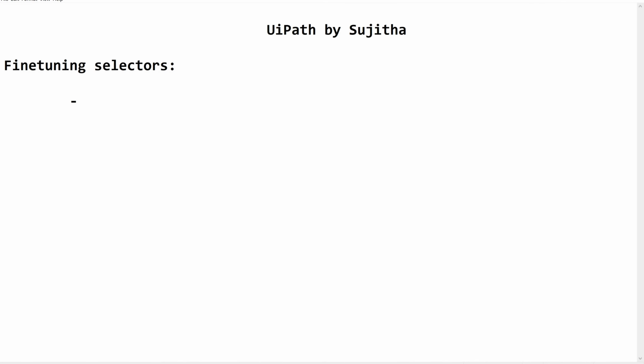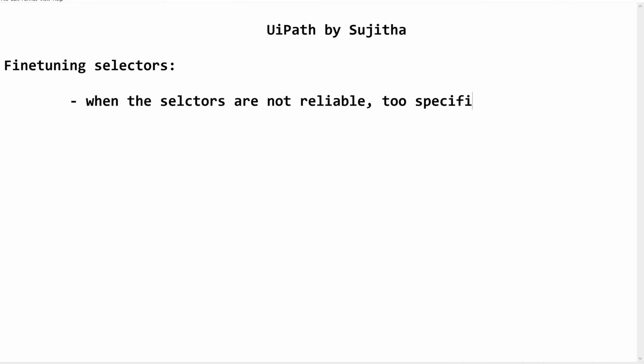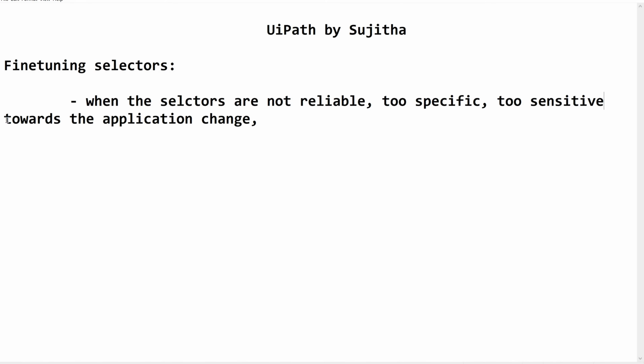Fine tuning selectors. When do we need fine tuning selectors? When the selectors are not reliable, or too specific, or we can say too sensitive towards application change, right?